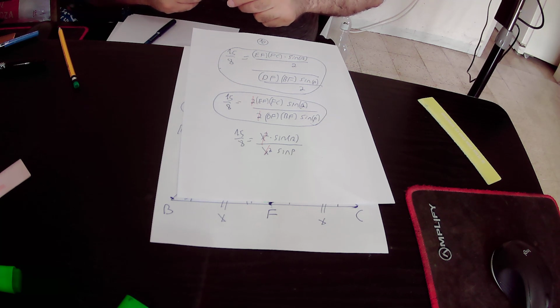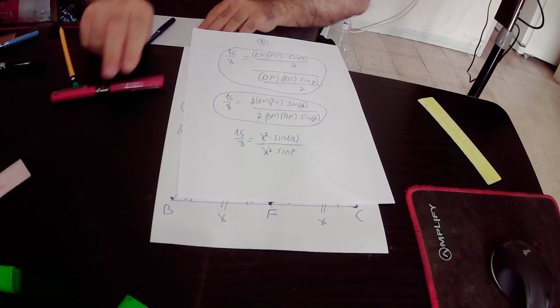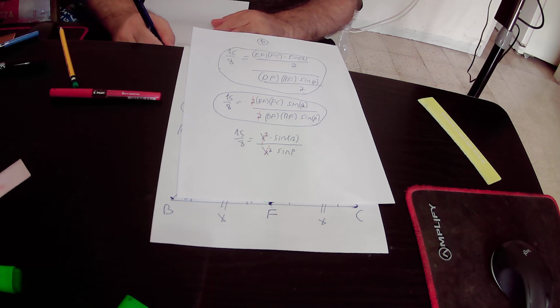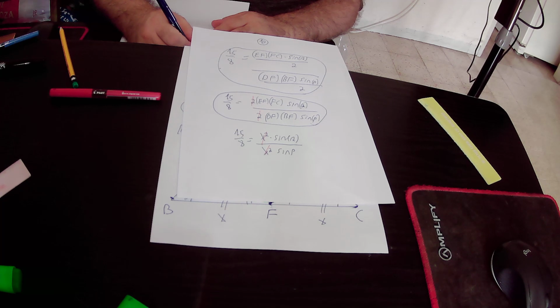So in total we got that sine Q over sine P equals 15 over 8.